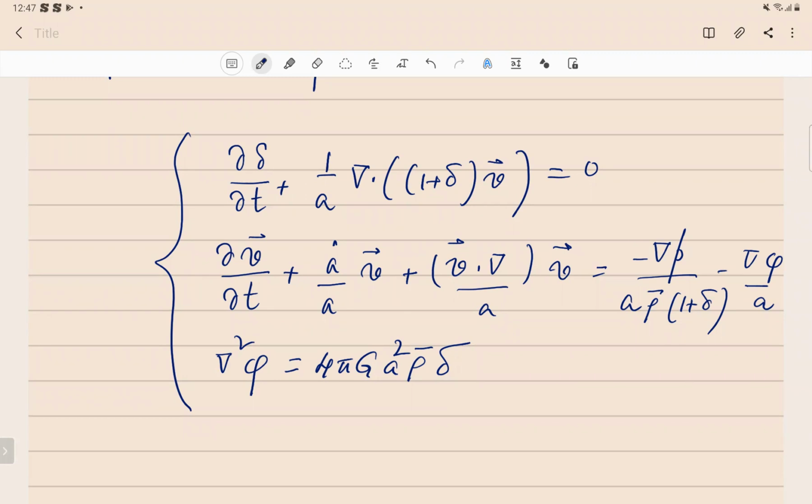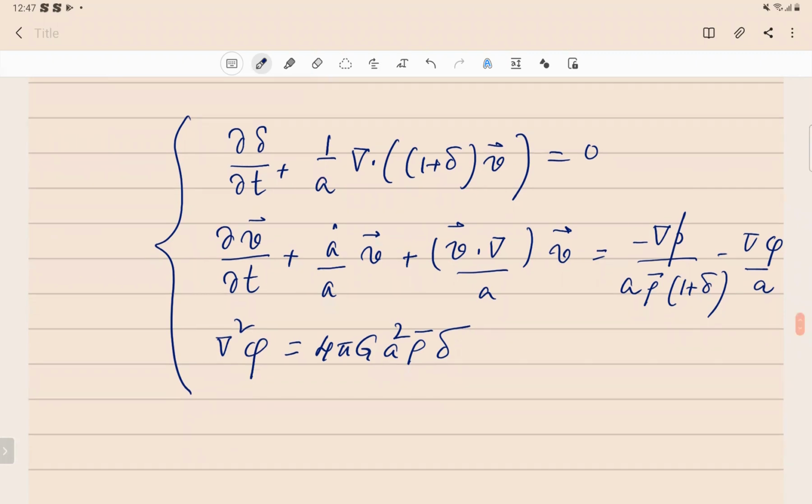For example, if you study radiation, which we are not going to do so much, the pressure is one third the density. There one has to be extra cautious, and it is probably more reasonable to use the full relativistic formalism, because the pressure does not appear as a source in the Newtonian formalism. So that is something we have to keep at the back of our mind.